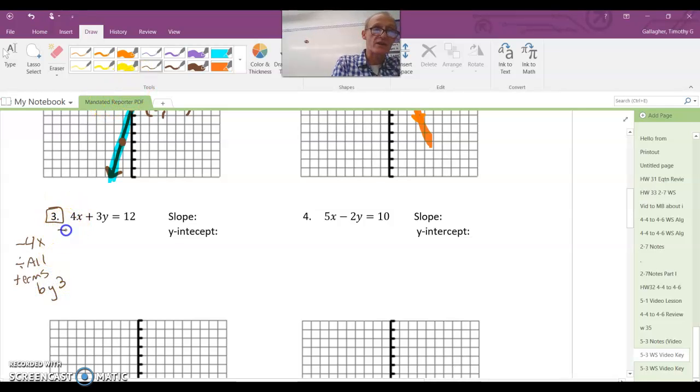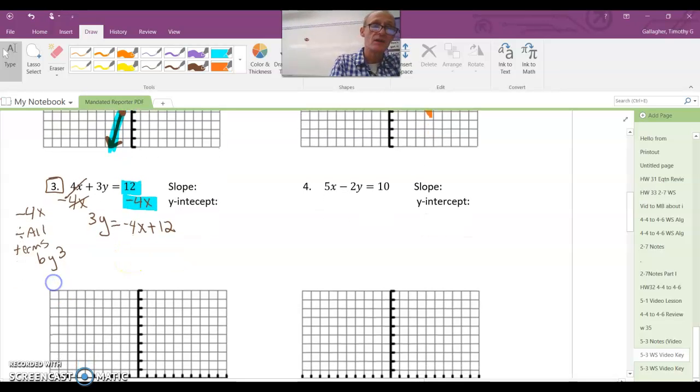Okay, so I'm going to subtract 4x, and I get to erase the 4x's on this side, and now I have 3y. Now these two terms have to be kept separate. And then you get negative 4x plus 12. You cannot add these two together. They must stay separate. And then divide everything by 3.